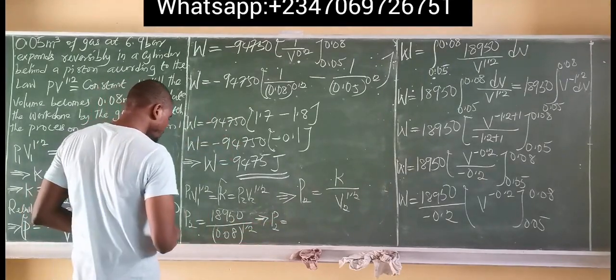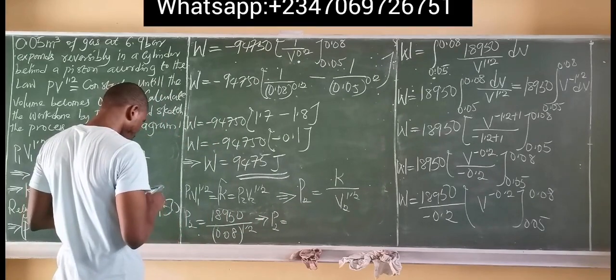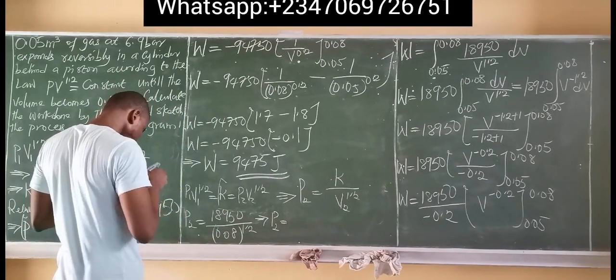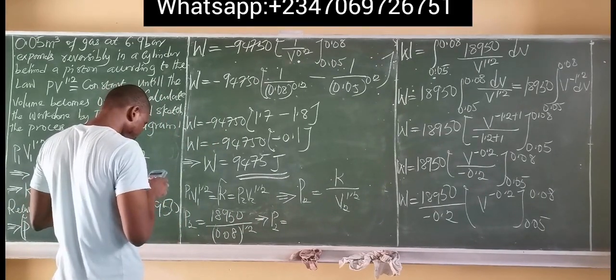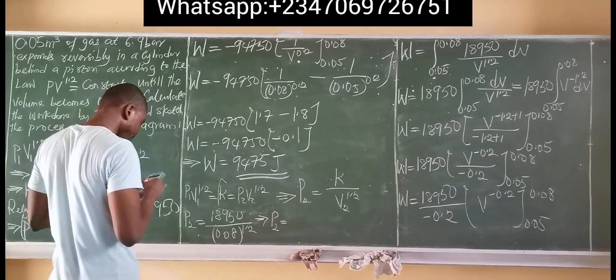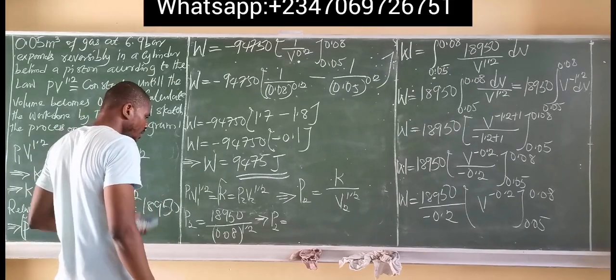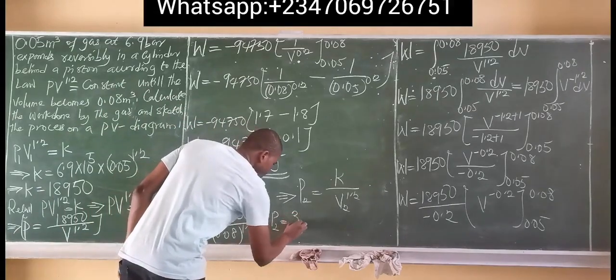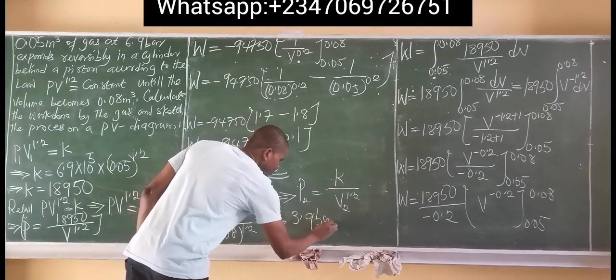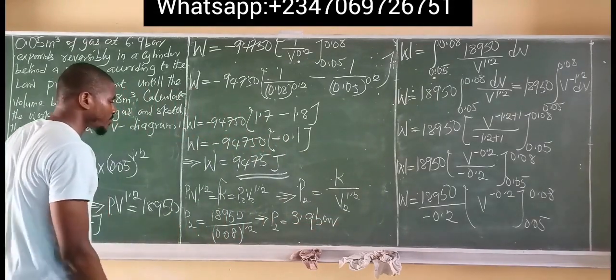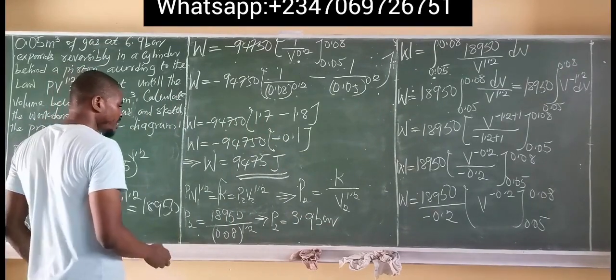I'll start with 0.08 to the power of 1.2, then I will do 18950 divided by the answer, and that gives me approximately 3.9 bar for P2.